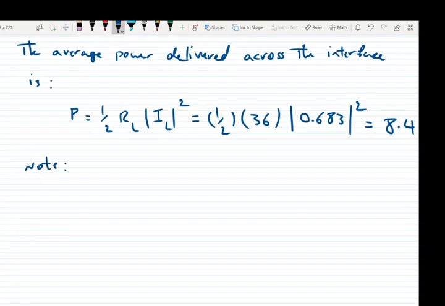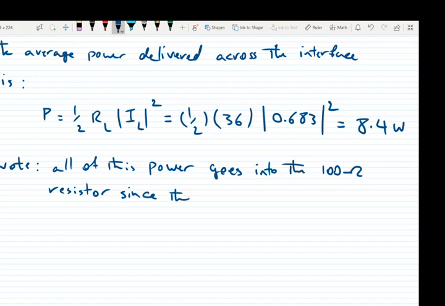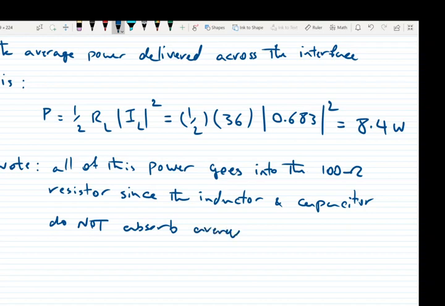Note: all of this power goes into the 100 ohm resistor, since the inductor and capacitor do not absorb average power.